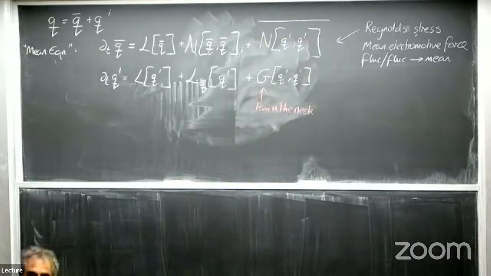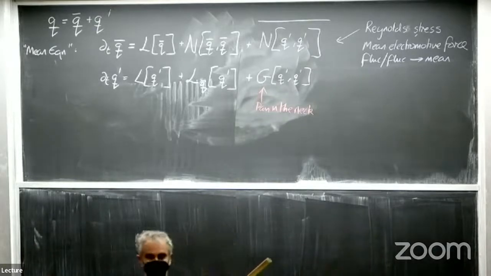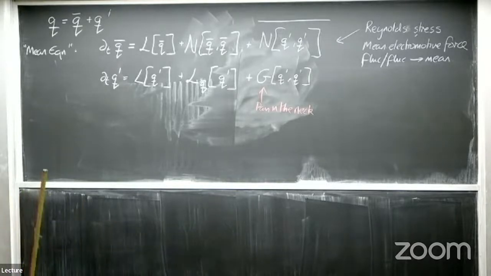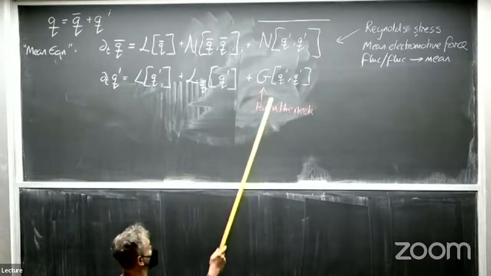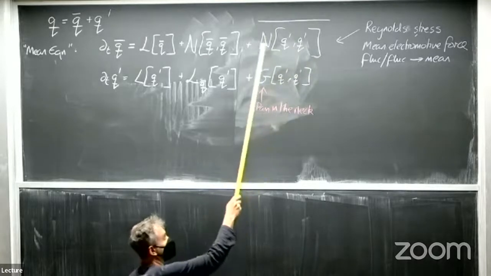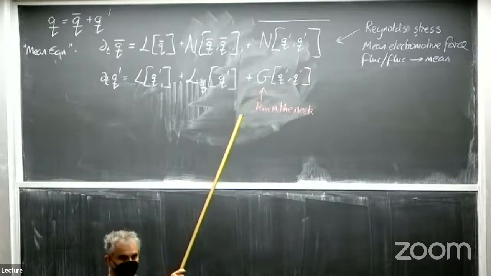So you want to try and avoid, if you can, solving at the small scales, because that's the whole point of doing this. You don't want to solve on a massive range of scales. So what you could try and do is just work out equations for this term, and this term is only on the large scales, okay? And that's what we're going to do today.